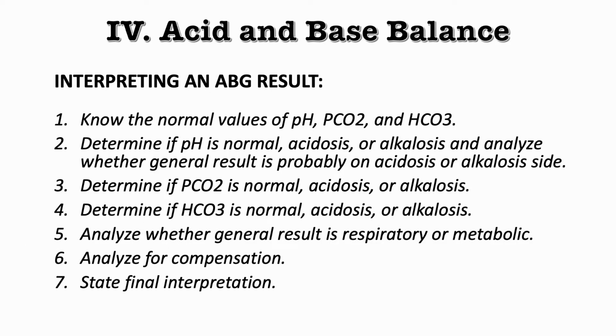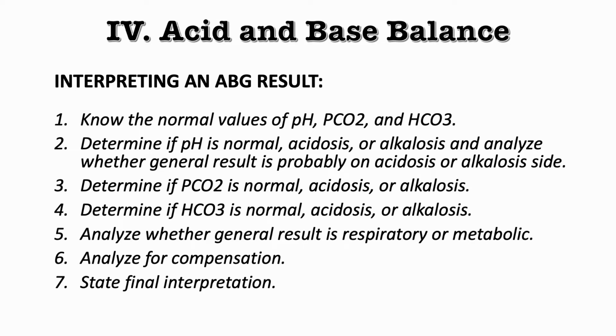Let us now try to review interpreting an ABG result. There are 7 steps. First is to know the normal values. Second is determine pH. Third, determine PCO2. Fourth, determine HCO3.